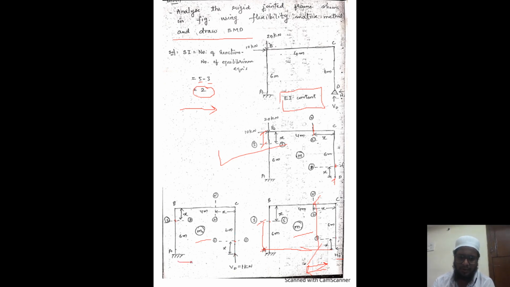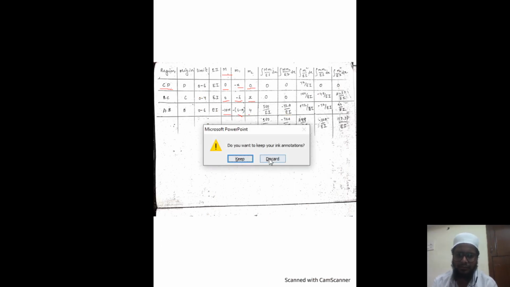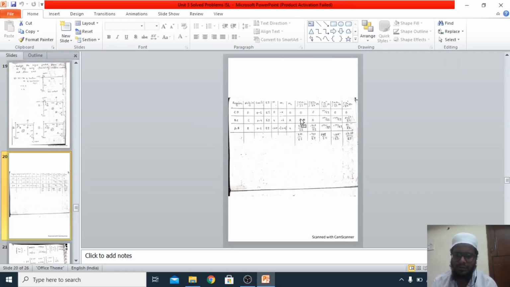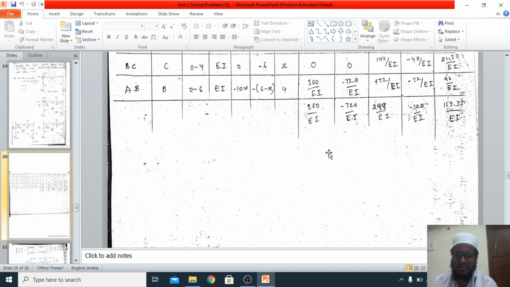Force into perpendicular distance, this distance is given as how much? 4 meters. So 1 into 4, which is equal to 4 meters. Okay, so this is how we got these values.